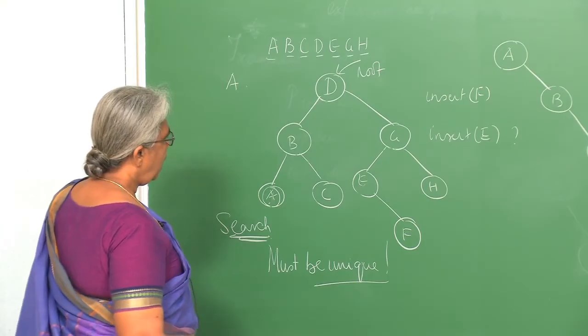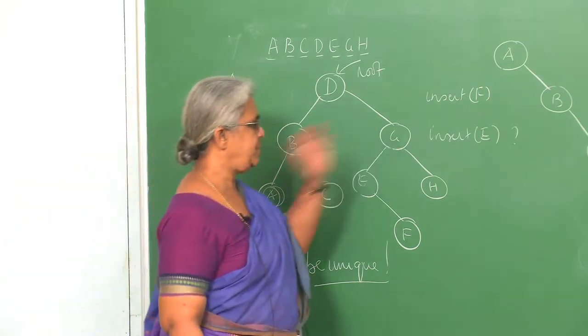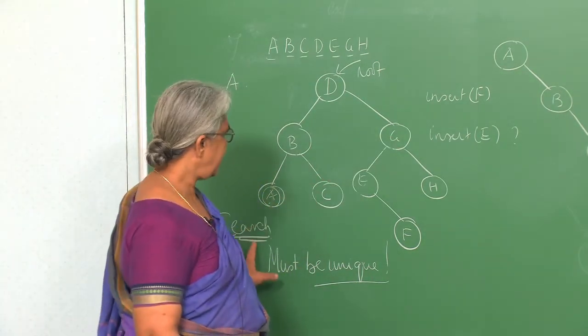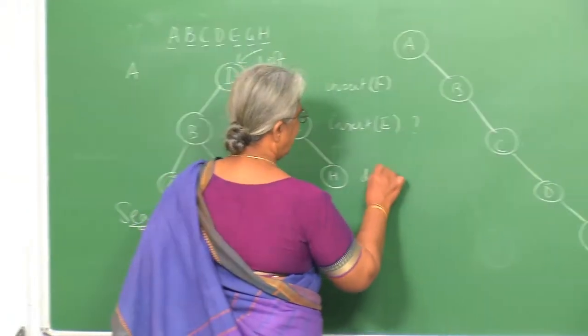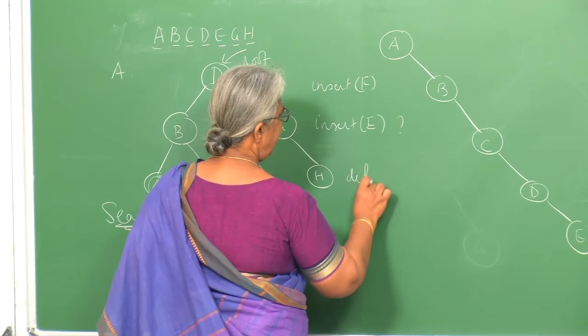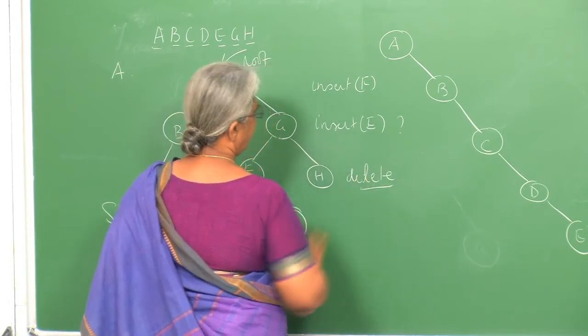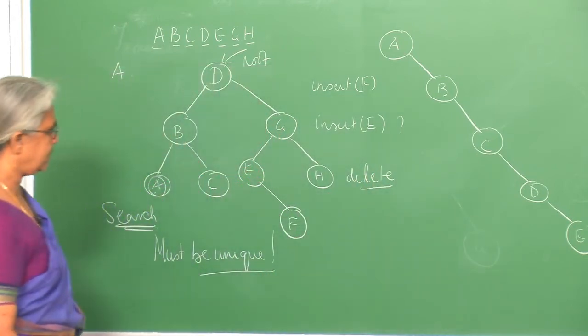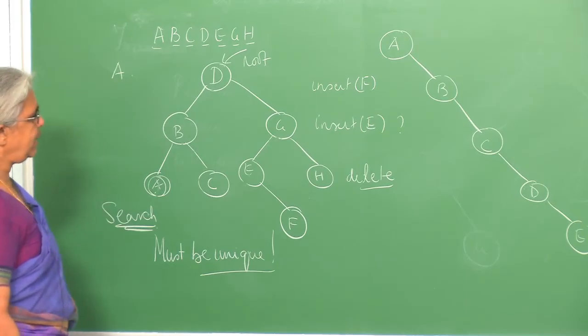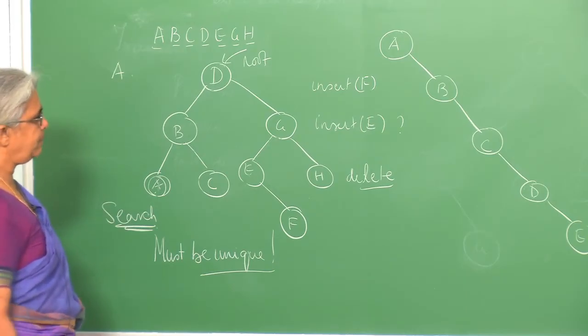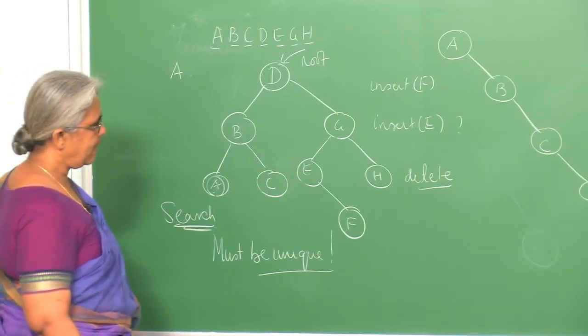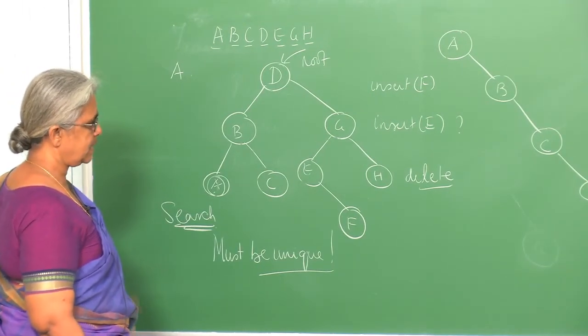Now, suppose I want to delete the node G. So, what are the operations? We are looking at search, insertion, and deletion. This is also common, right? A student leaves a program and you want to delete the particular name from the list. Suppose you want to delete the node G, then what should I replace it with? I should replace it with some node such that the binary search tree property is still satisfied.